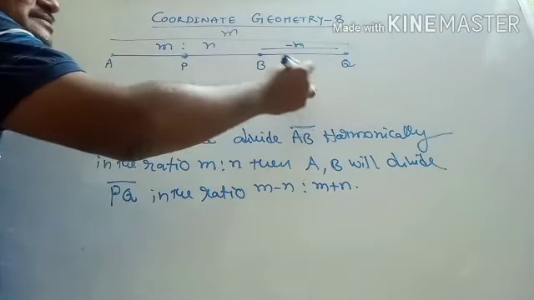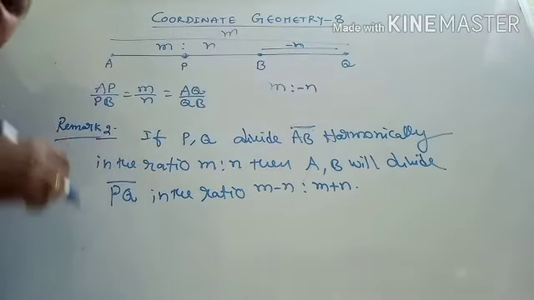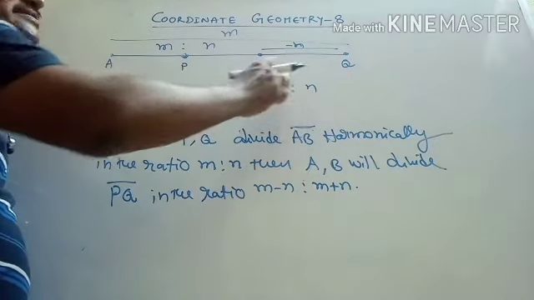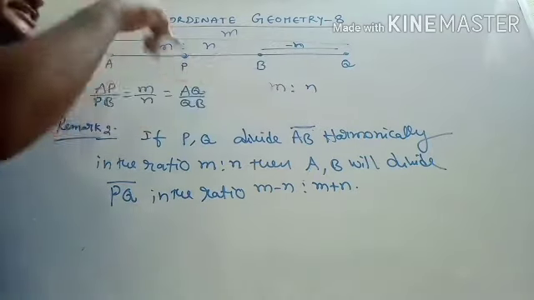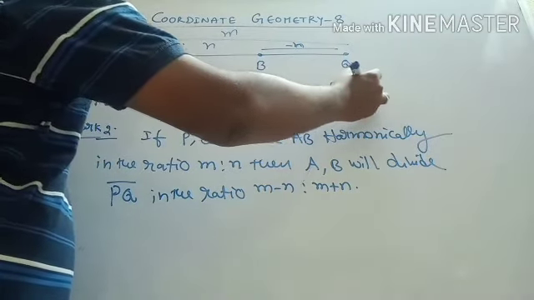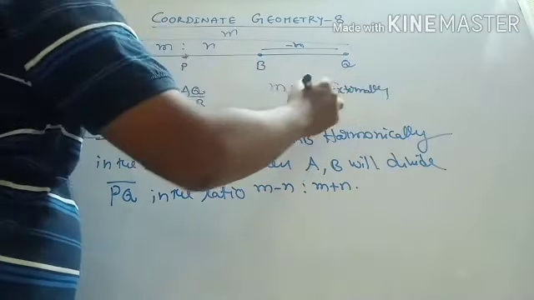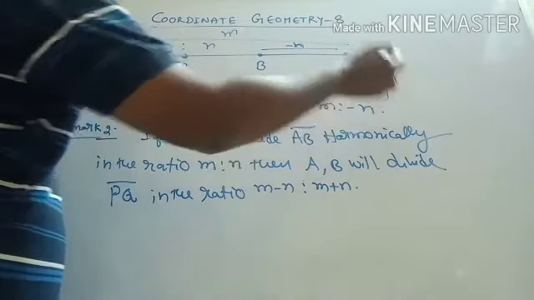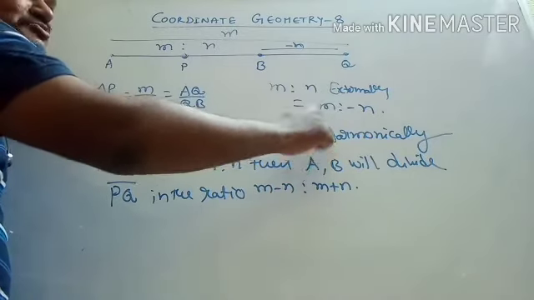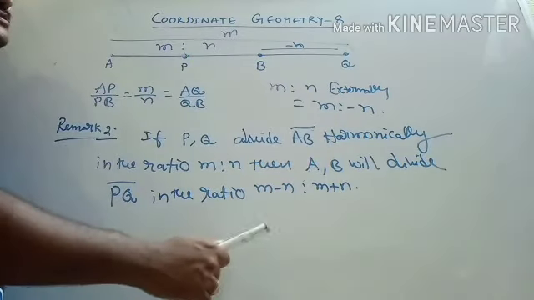Whenever we mention external division and remove the minus symbol, m is to n externally means m is to minus n. Whenever you don't mention external, if it is mentioned m is to minus n, that means it is external division, right?